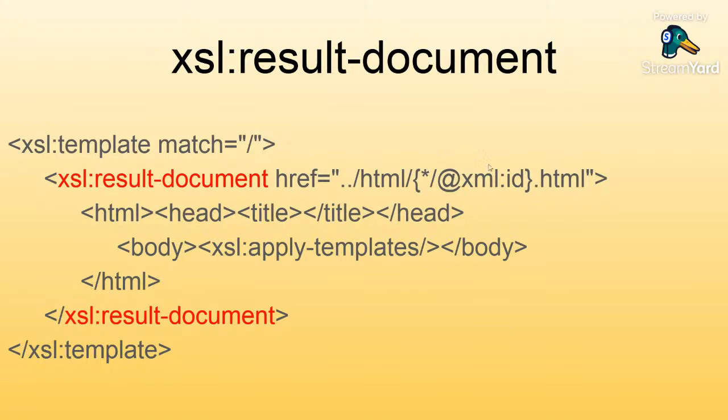Name it after, in this case, the XML ID attribute on whatever element has just been matched. And inside I want you to create the minimal elements of an HTML file, and in the body of that file, put in everything that is inside the current element that has been matched.